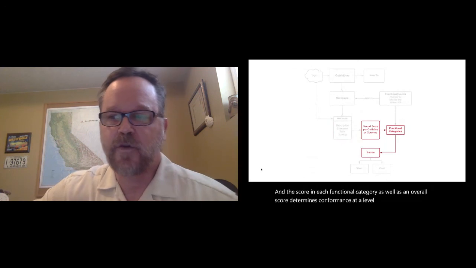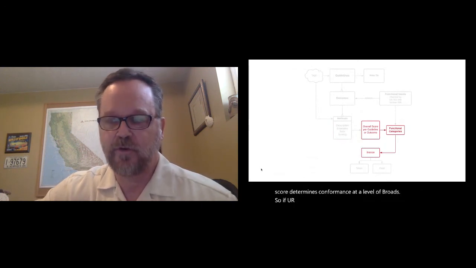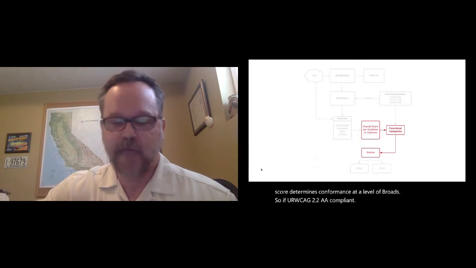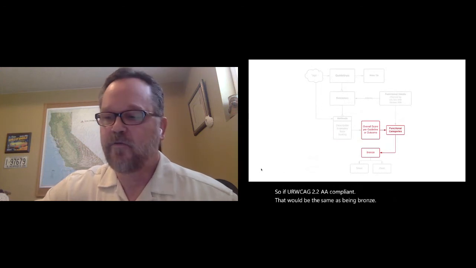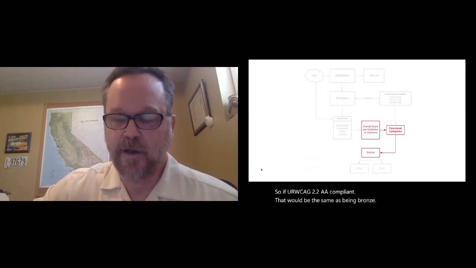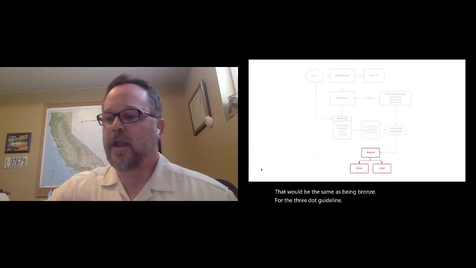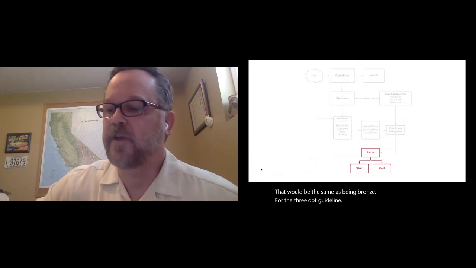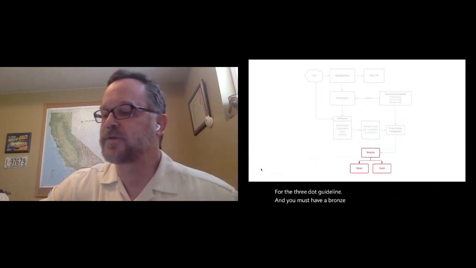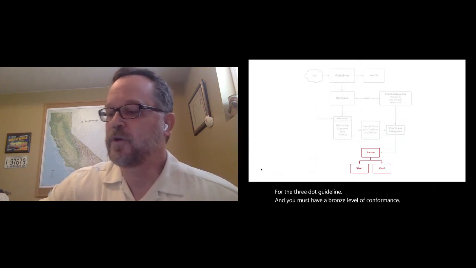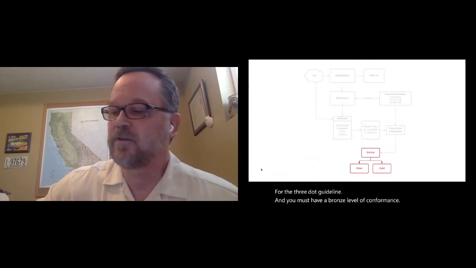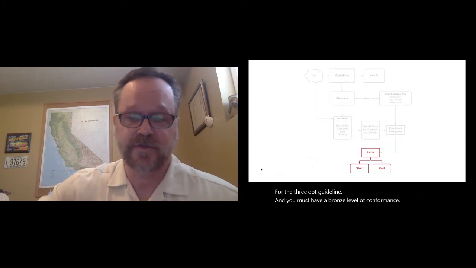So if you are WCAG 2.2 AA compliant, that would be the same as being bronze for the 3.0 guideline. And you must have a bronze level of conformance before you can apply the holistic test to determine conformance with silver and gold.